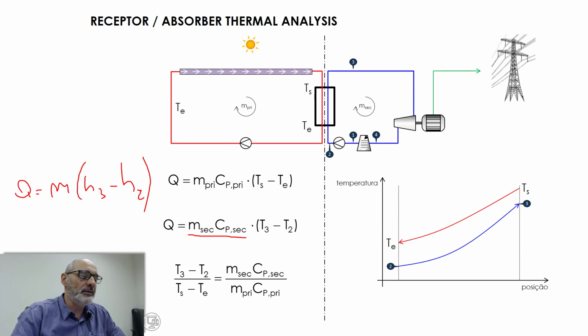Actually we are going to use this formula for the calculations. I'm using this one just to make some considerations about the heat capacity of the primary compared to the heat capacity of the secondary. So it works well for what I'm going to elaborate right now. Let me erase this.